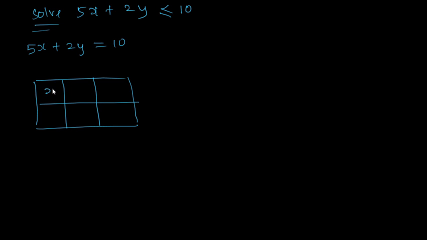This is x, this is y. When x is equal to 0, what is the value of y? The y value is 5. You can work this out: 2y is equal to 10, y is equal to 5. Then suppose y is equal to 0, now what is the value of x?